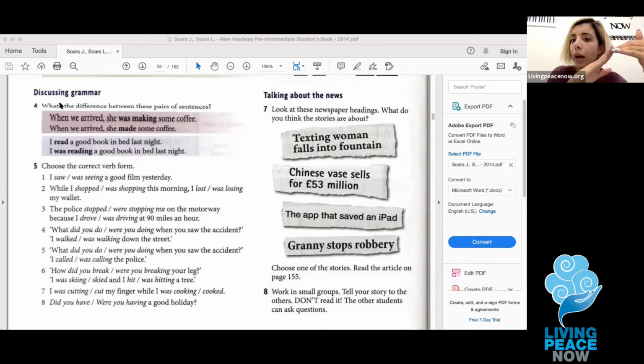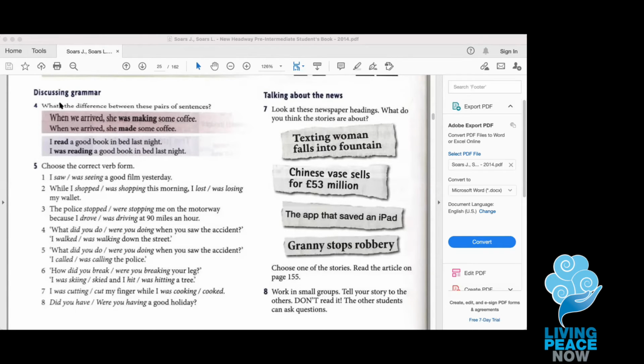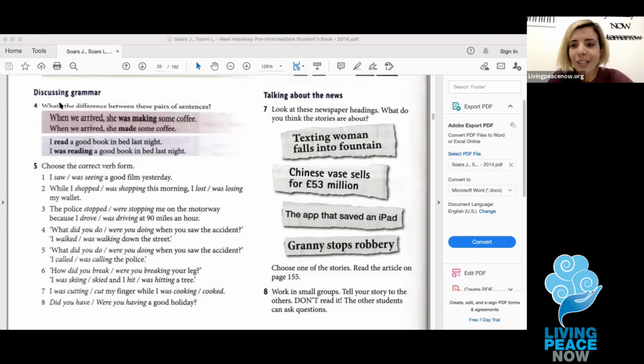We arrived, she opened the door, said hi to us, took us to the living room, and then went to the kitchen and made coffee. So in the second sentence, the action of making coffee is number 2, not 1. That's the difference between the first sentence and the second sentence. Now it's clear.